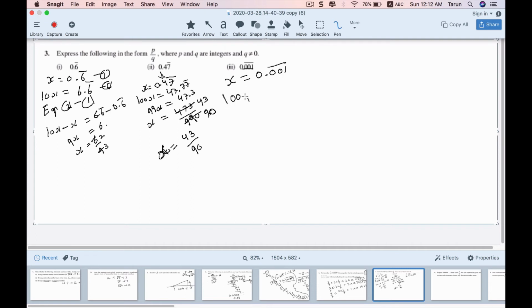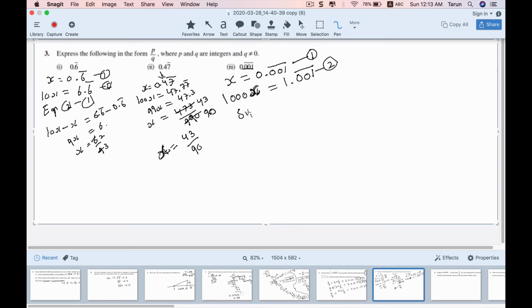I will multiply both the sides with, as there are 3 places, I'll multiply it with 1000. I will get 1000x is equal to 1.001 bar. It's quite similar to the previous question. So we'll call this equation 1, we'll call this equation 2.